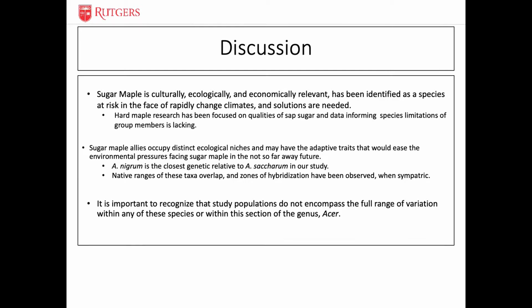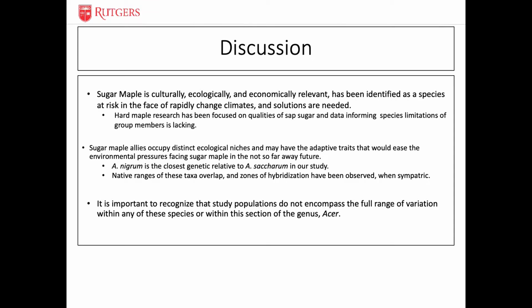So our discussion here is a brief summary of the previous slides. Sugar maple has value and is at risk in the face of rapid climate change. And despite a robust research base focused on sugar maple, studies addressing species limitations of its allies are severely lacking. This is unfortunate because sugar maple needs help to make it through the projected climatic transition.